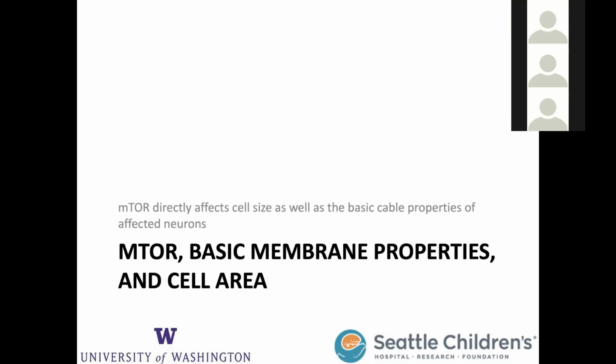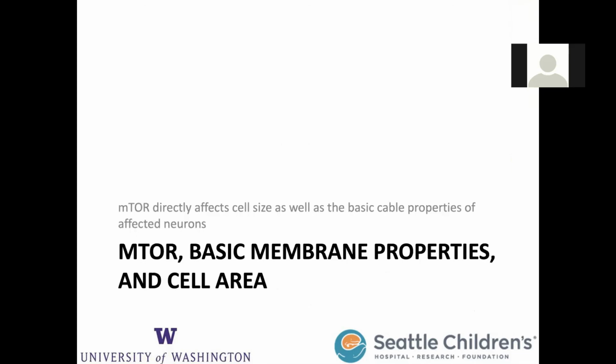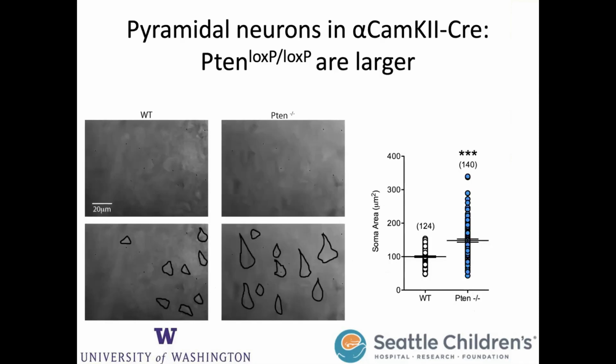So the first thing I hope to show you is that mTOR is both necessary and sufficient for changing cell size and changing what we call the passive electrical properties of neurons. What you see here on the left are what normal neurons look like in a wild type animal in infrared microscopy, and I kind of drew them out in black marker.